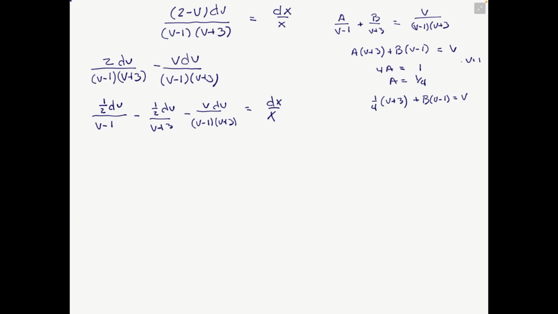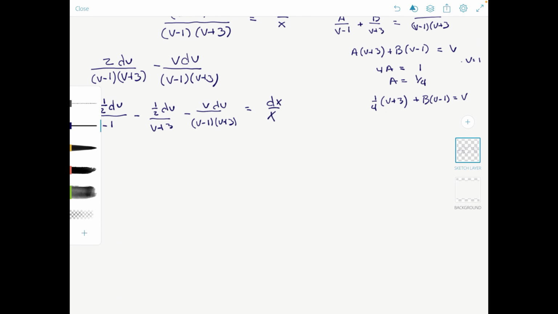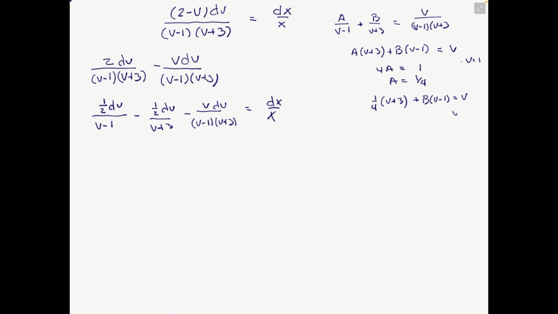If we said v equals 0, I gotta get my pen, v equals 0, so we have 3/4 minus b equals 0.